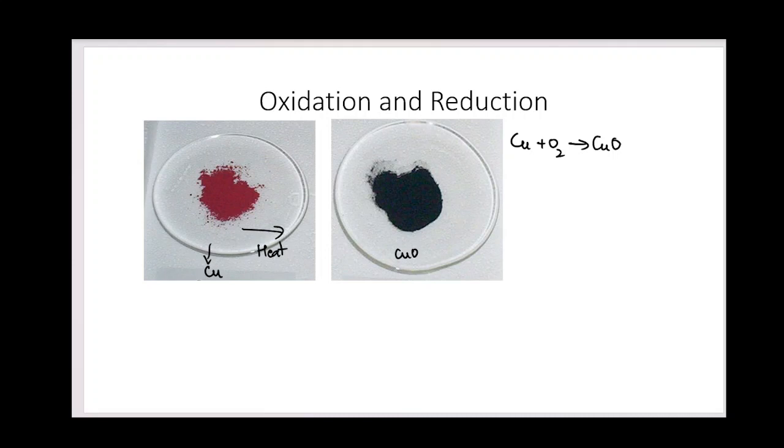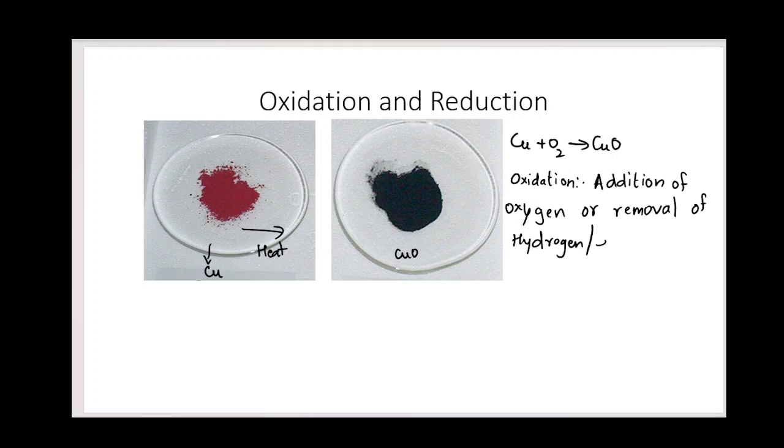Now I'll write first what oxidation is. First we'll understand what oxidation is, then we'll go to the reduction part. Oxidation means addition of oxygen or removal of hydrogen or electron.